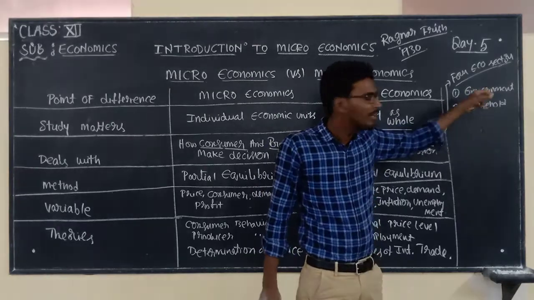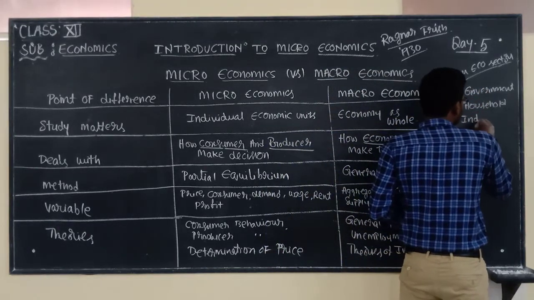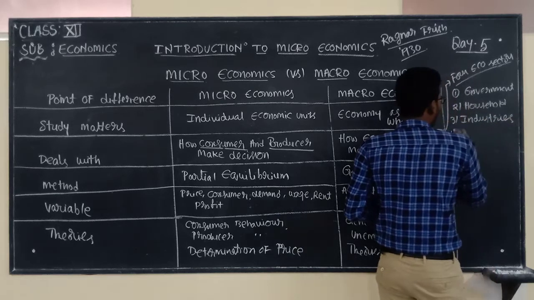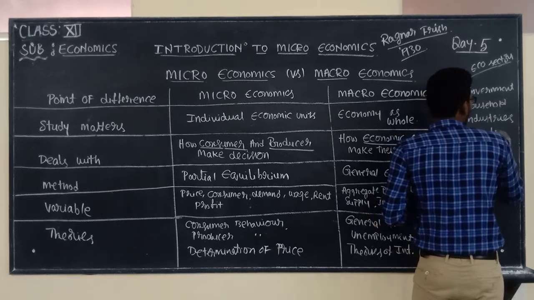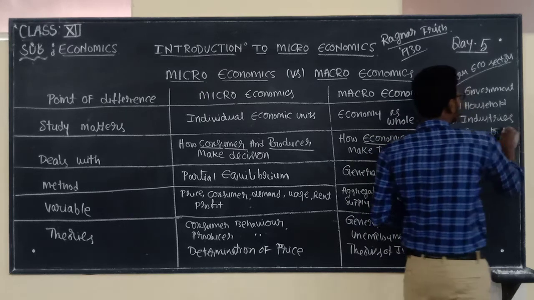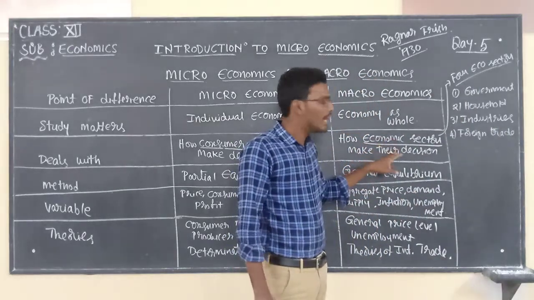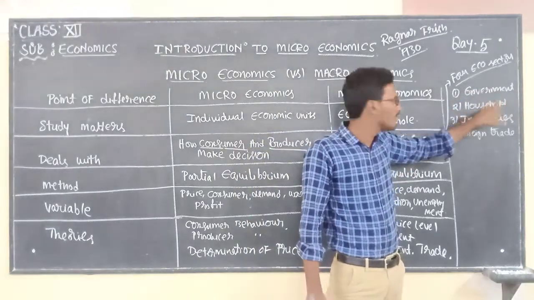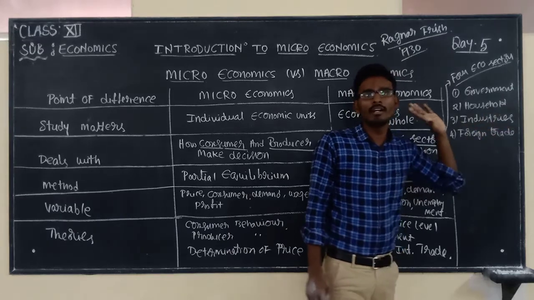One is government, second one is household, third one is industries, and fourth one is foreign trade. So here, how economic sectors make their decisions. Economic sectors are 4. One is government, second one is household, third one is industries, fourth one is foreign trade.